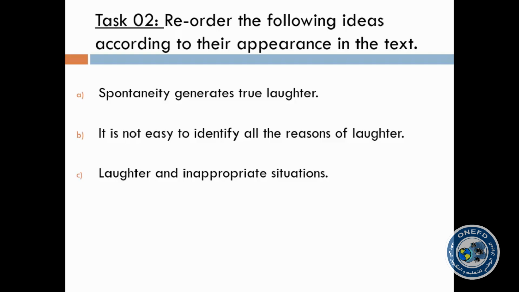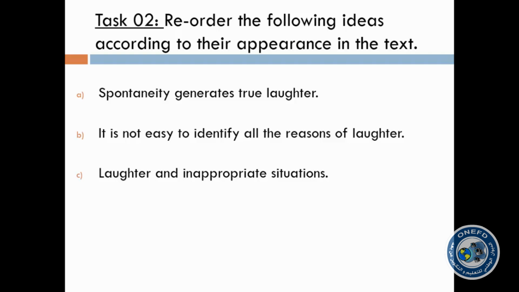Reorder the following ideas according to their appearance in the text. So you have 3 ideas. Remember, the text is composed of 3 paragraphs, and you have 3 ideas, and these ideas are not in this order. So you have to order them according to their appearance in the text. So let's read. A. Spontaneity generates true laughter.